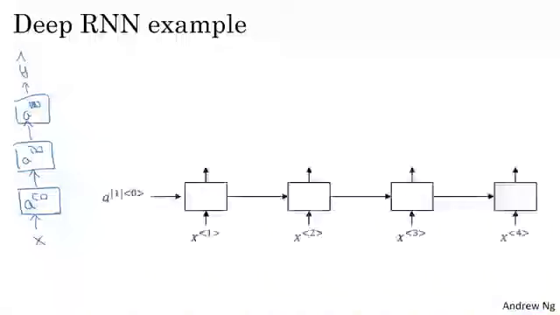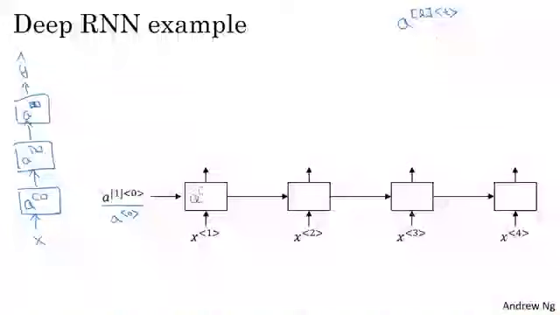So let's take a look. Here's the standard RNN that you've seen so far, but I've changed the notation a little bit, which is that instead of writing this as A0 for the activation at time 0, I've added this square bracket 1 to denote that this is for layer 1. So the notation we're going to use is A^[l] to denote that it's an activation associated with layer l, and then angle bracket t to denote that that's associated with a time t.